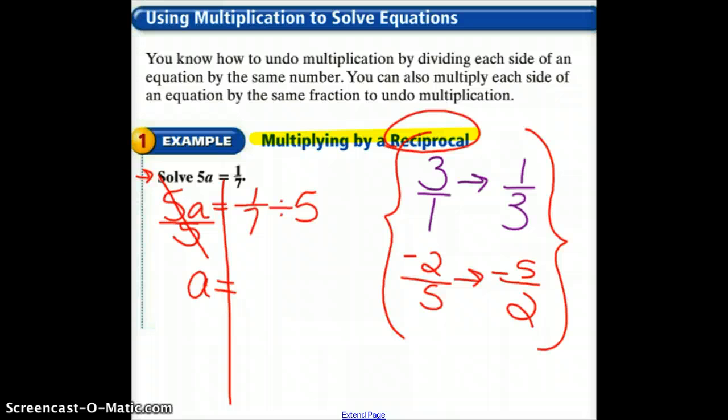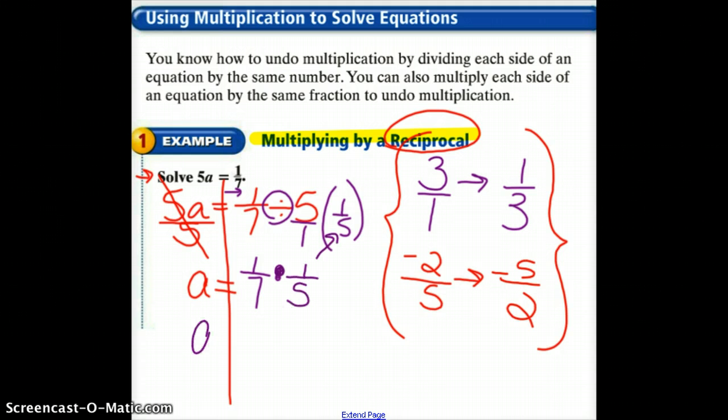When you have a fraction like 1/7 and you're dividing by 5, what you can do is 1/7 times its reciprocal, which is the numerator and the denominator flipped. So 5 over 1, its reciprocal is 1 over 5. So instead of dividing, I'm going to multiply by this reciprocal.